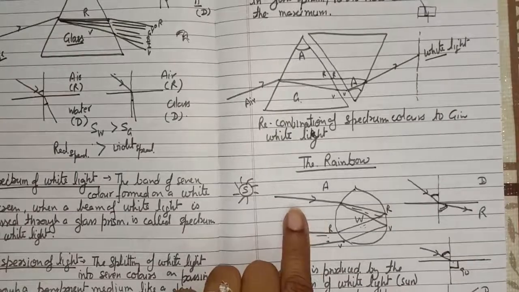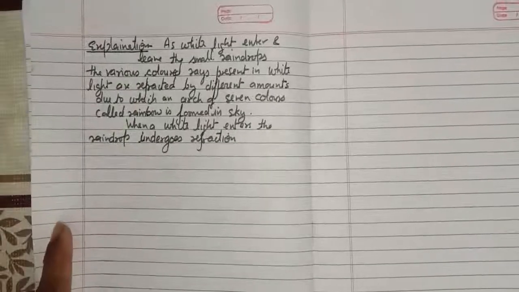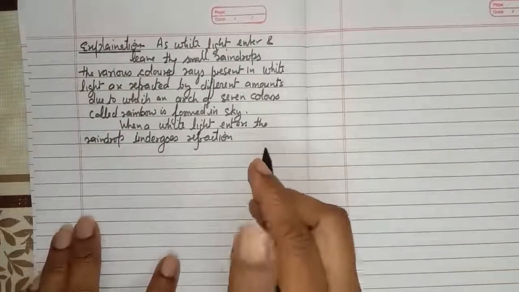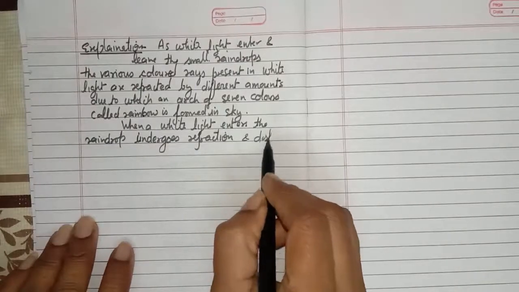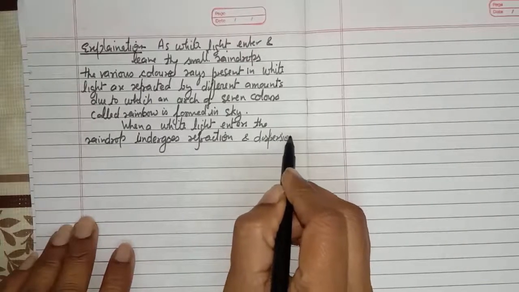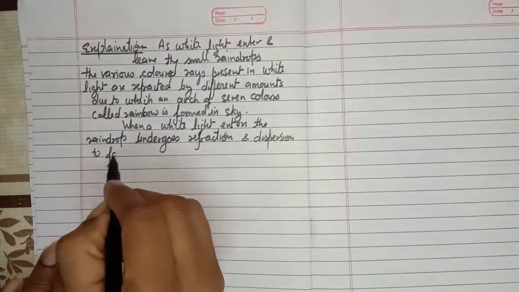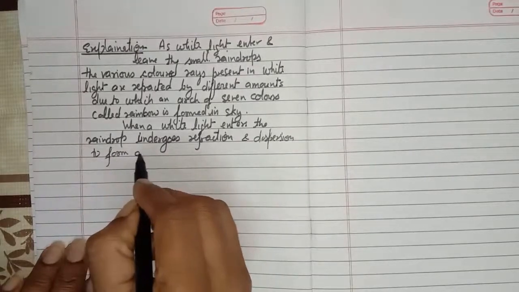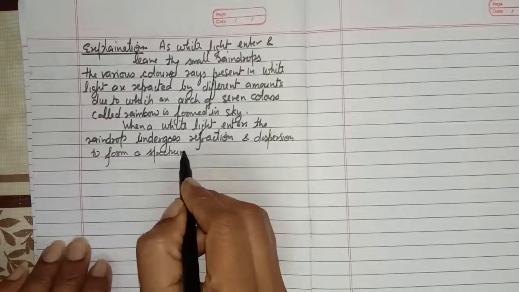Okay, when the white light passes from air into the water, it undergoes refraction, and dispersion to form a spectrum.